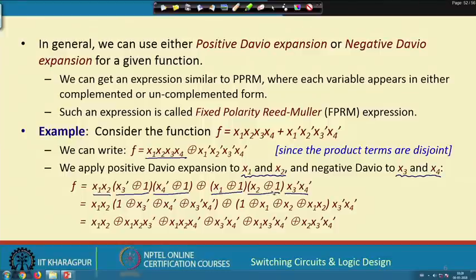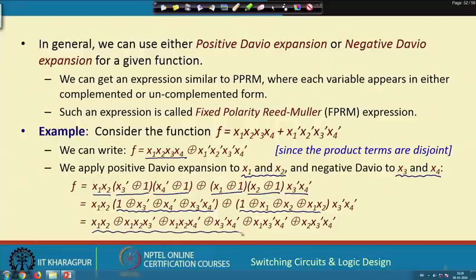Then using the distributive law, we go on multiplying x3 plus this and this, if you multiply you get this. If you multiply this and this, you get this. Now, straight away you multiply this with this, you finally get x1 x2 x3 bar, x1 x2 x4 bar, like this.